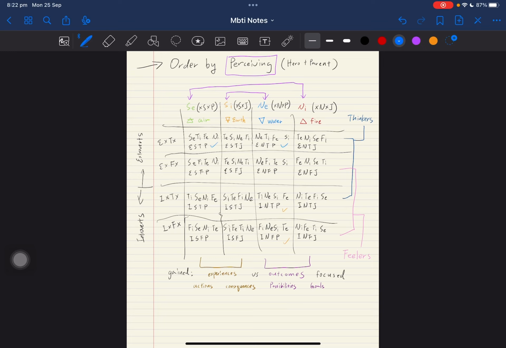Do they focus more on possibilities, or do they focus more on action, on the now and doing something? Are they a very handy person, with a very hands-on approach? Then you can see, are they ESTP or ENTP? So I hope that makes sense.